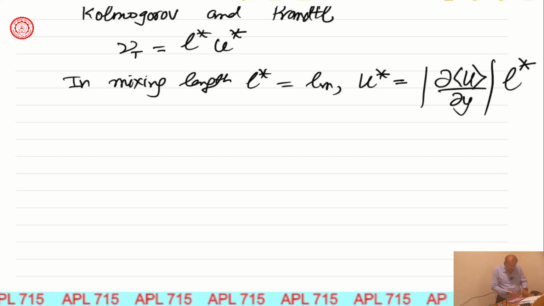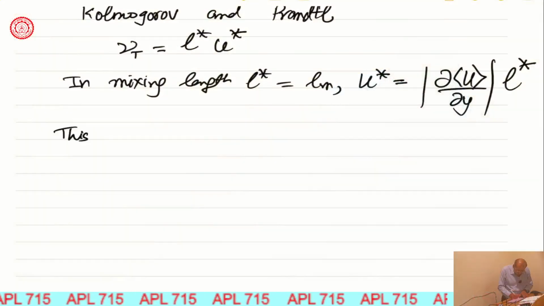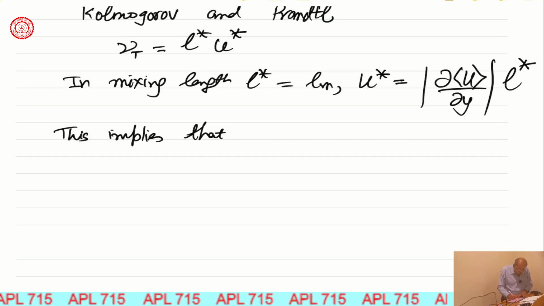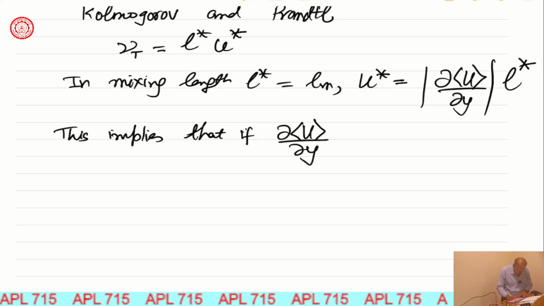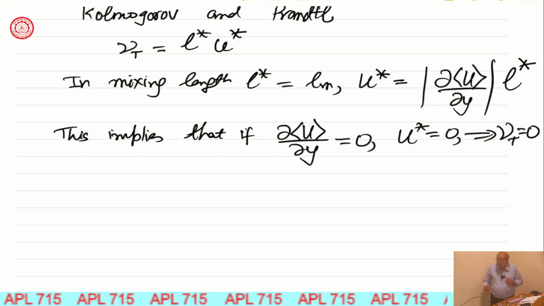This can also be seen as one of the criticisms of the mixing length model. It implies that if du by dy is equal to 0, then U star will be 0, which implies nu t will go to 0.